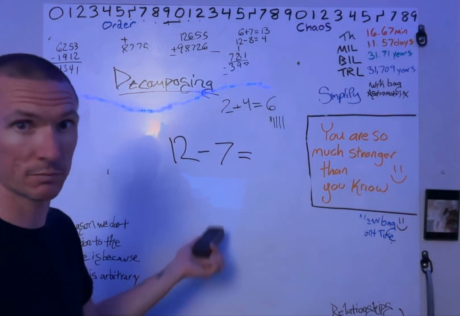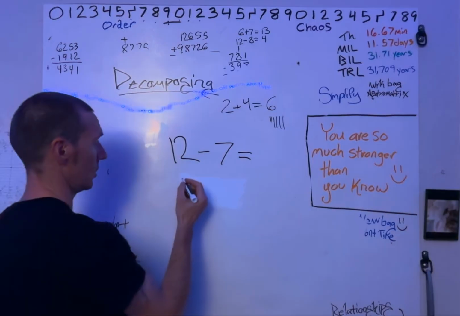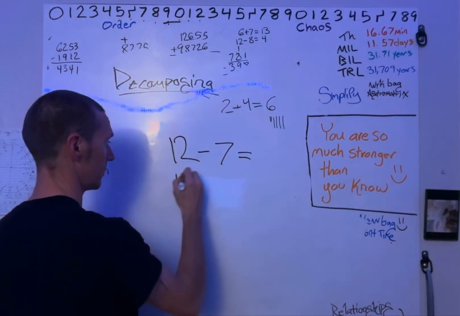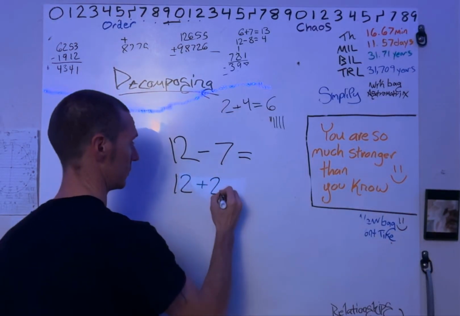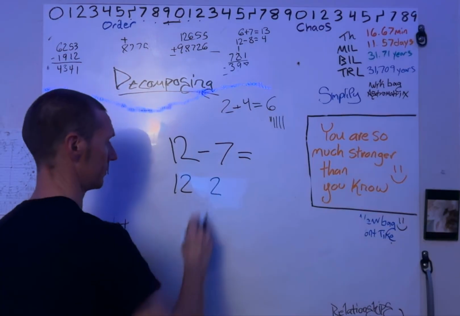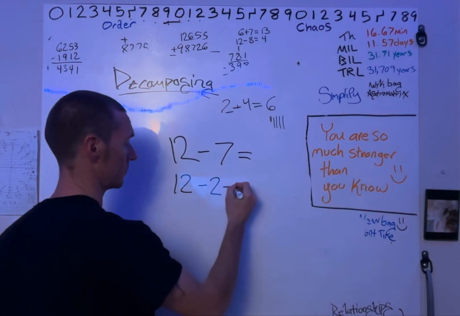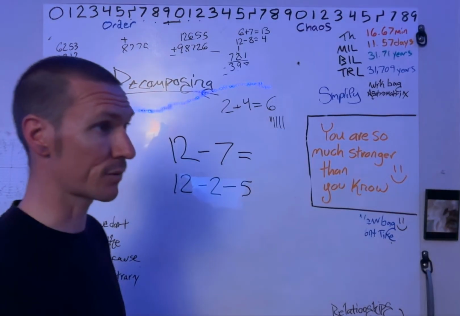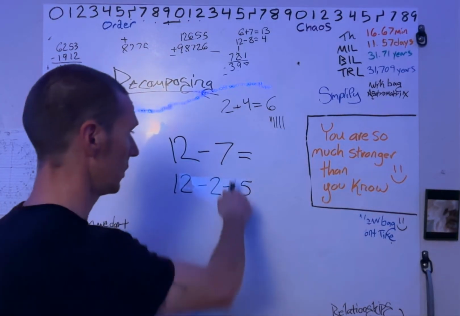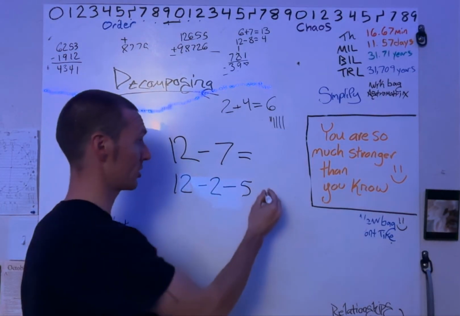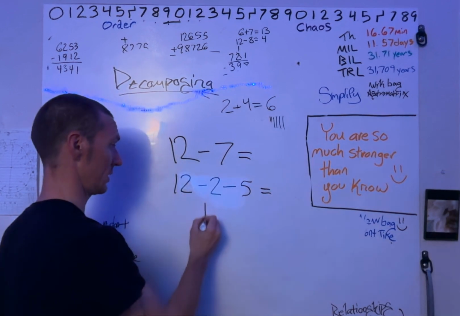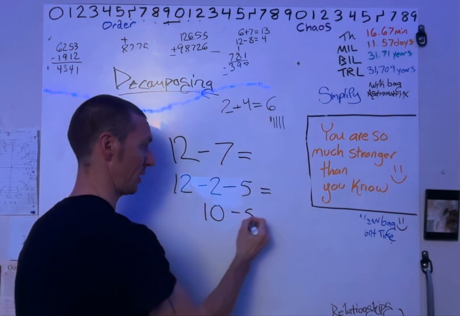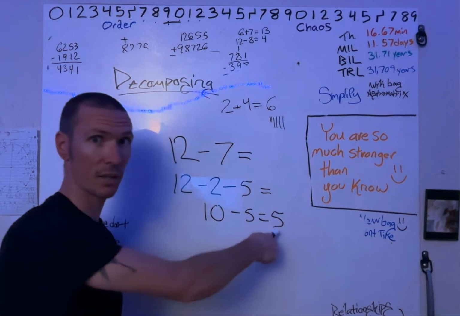Twelve minus 7. Okay. Well, you can just, I put plus. Because 7 is just 5 and 2. So 12 minus 2 is 10, minus 5 is 5.